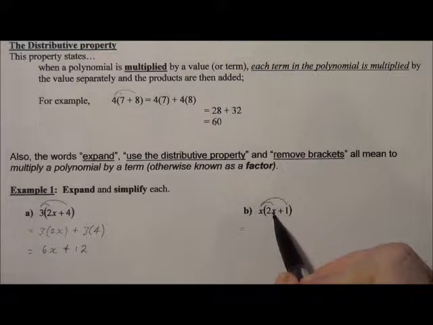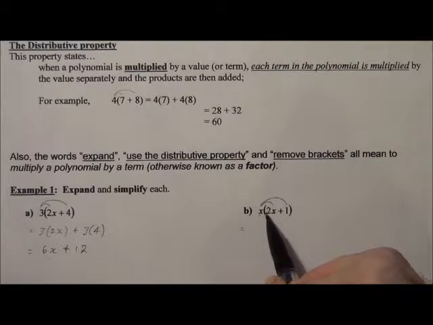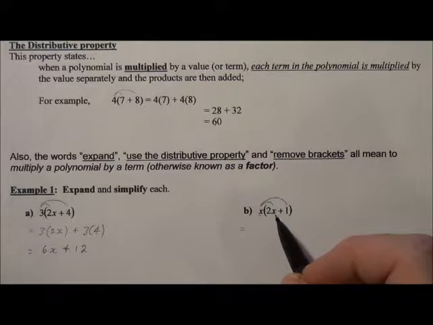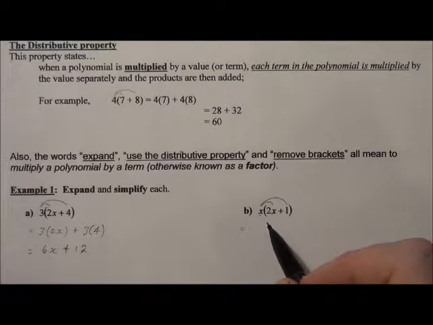When you multiply powers of the same base, here we got 2 x's, they both have the same base, and they both have the same exponent, just coincidentally in this case, but when you multiply powers, you add the exponents and leave the base the same.